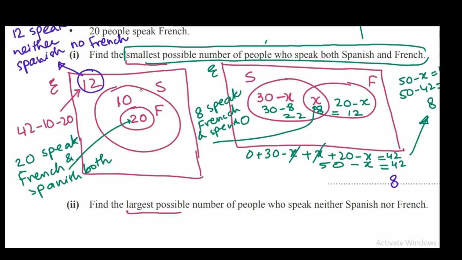And in this case, the value 0 speak neither Spanish nor French.